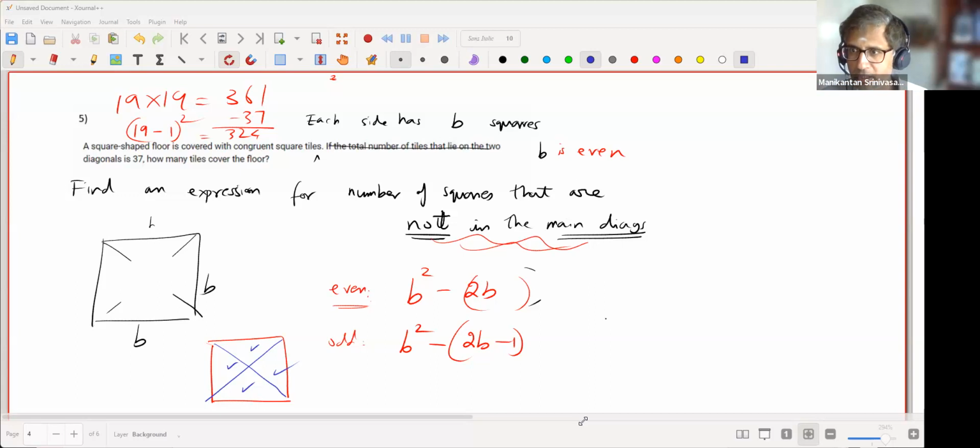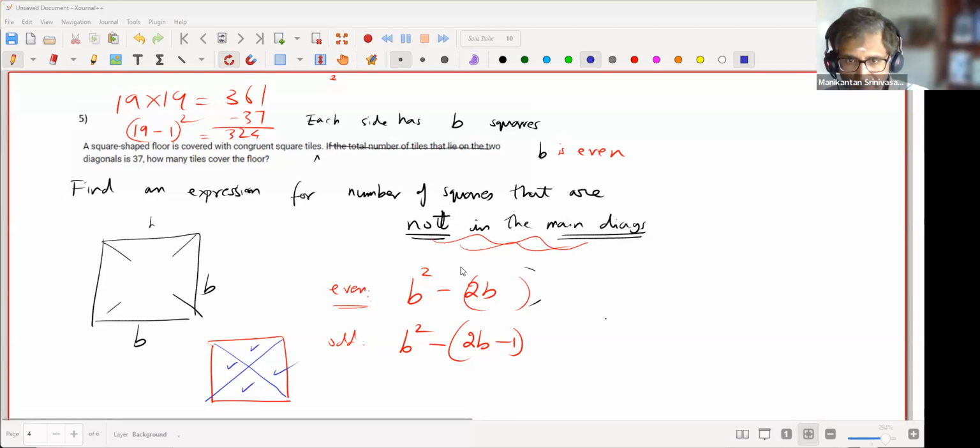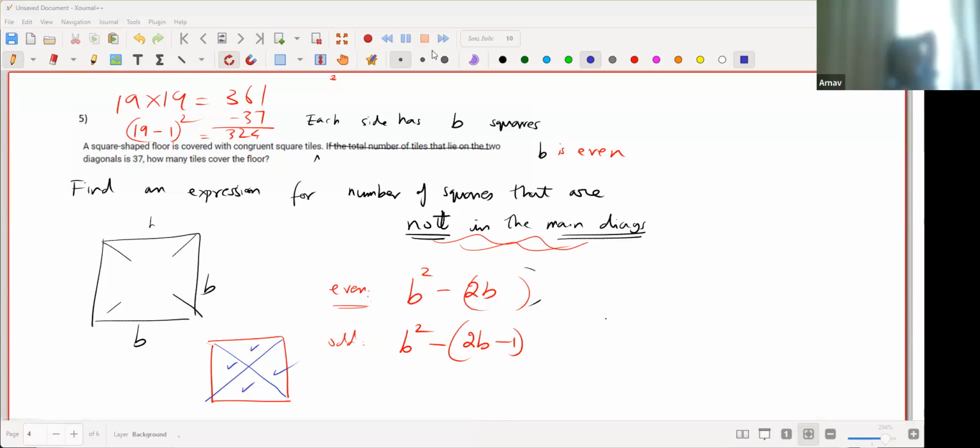But you guys can convince yourself, right? Take an even number, take an odd number. In both cases, it works. Akrit, 1 second. I want to give someone else a chance if possible.